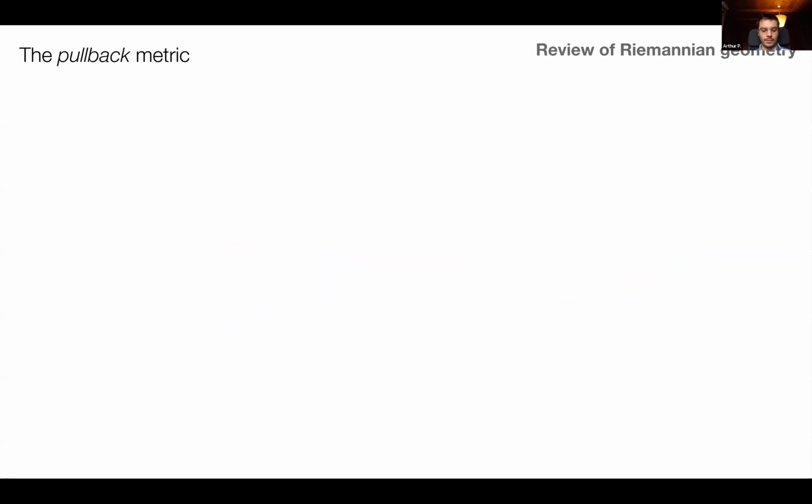So for this, I want to be very precise in the way I'm going to define the similarity metric. And I want everyone to be on the same page. So I thought it would be nice to have a one-slide review of Riemannian geometry. In particular, the tool that we'll be interested in is the so-called pullback metric. To define the pullback metric, we need a few objects.